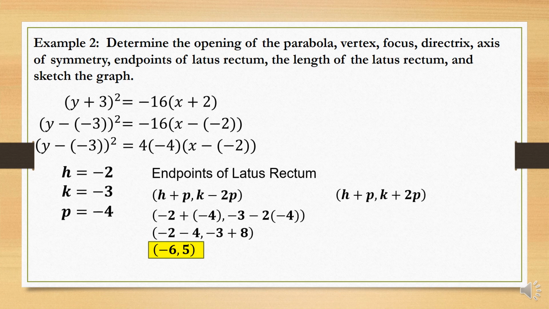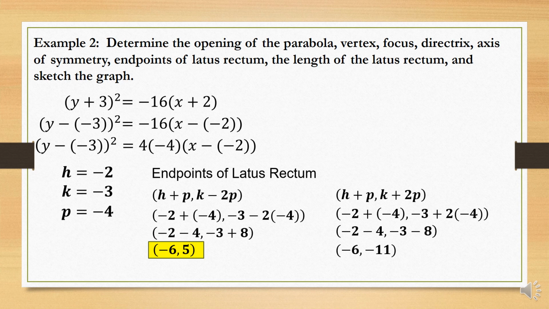Then the other endpoint, we have -2 plus -4 and -3 plus 2 times -4. Then we have -2 minus 4 and -3 minus 8. Then we have -6 and -11 as the coordinates of the other endpoint of latus rectum.